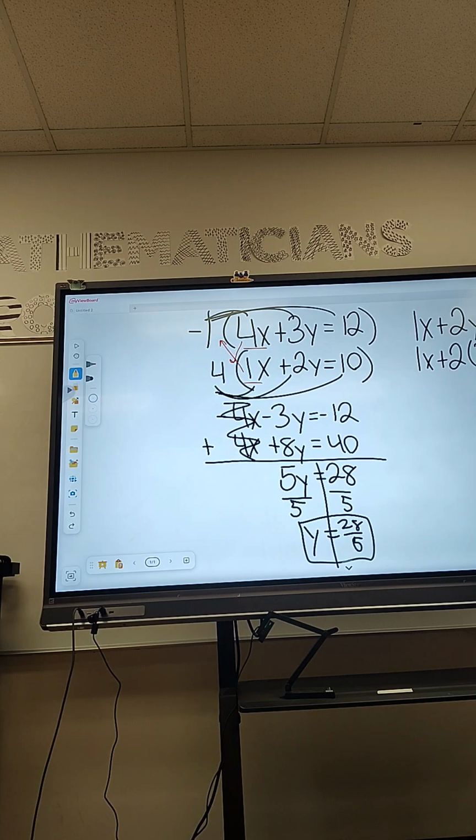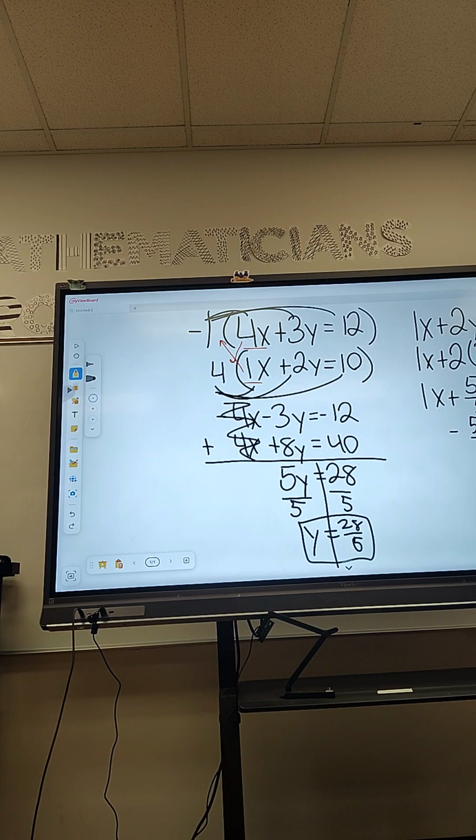Now I can solve it algebraically, right? So 2 times 28 over 5, which, I picked bad numbers, so times 2. Okay, so we have 1x plus 56 over 5 equals 10. And then we're going to solve for x. So minus 56 over 5 on both sides.